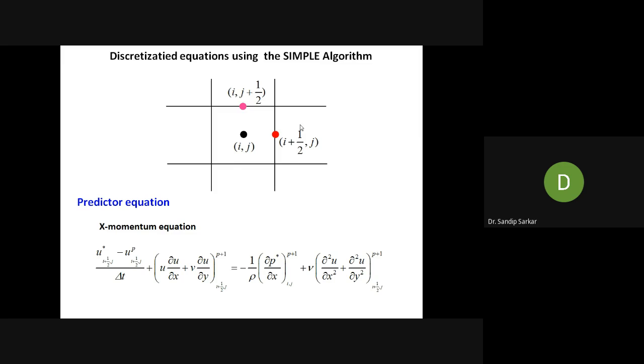So if you discretize del P del X at the I plus half grid point, then you will find that del P star del X will automatically be zero. That is the problem you faced when taking all the variables, pressure and velocity, at the same grid point. You can try it. You will find the similar thing, that del P del X becomes zero.